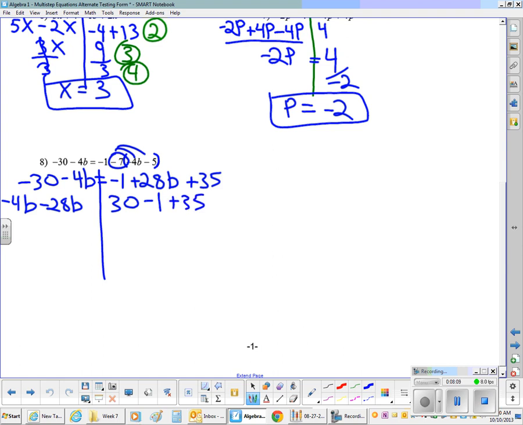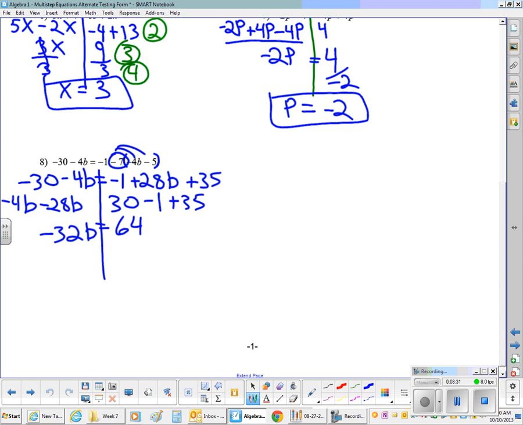So now I have negative 32b equals, and then here we're going to combine what we have. So 30 plus 35 is 65, minus 1 is 64.